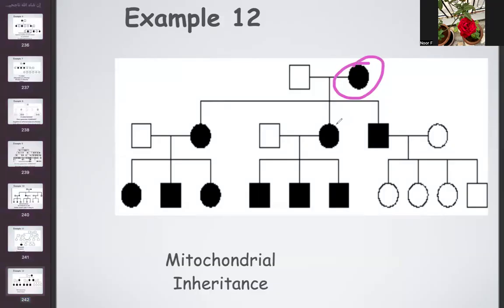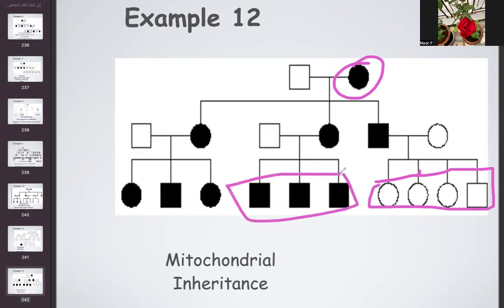It is transmitted from the female, but from the affected male it is not transmitted at all. Again, from the affected female, all the siblings are affected. It means there is more chance that the female will transmit.